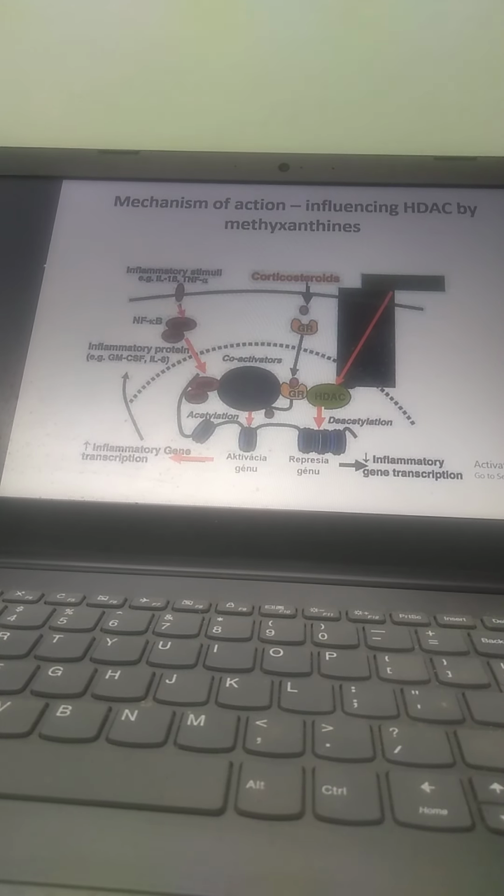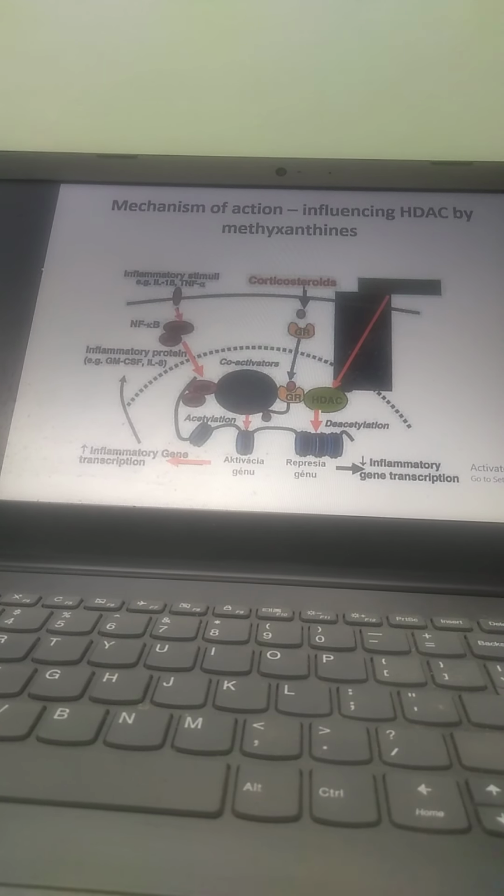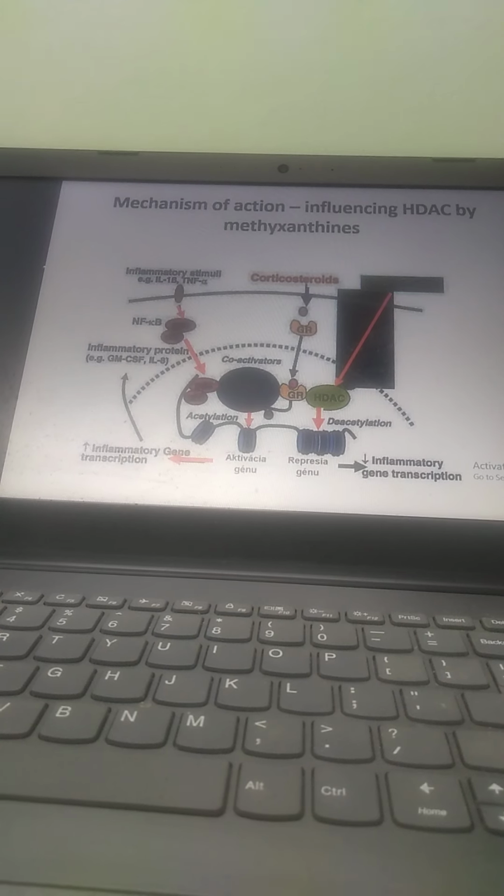So theophylline is a deacetylator and corticosteroids are co-activators.